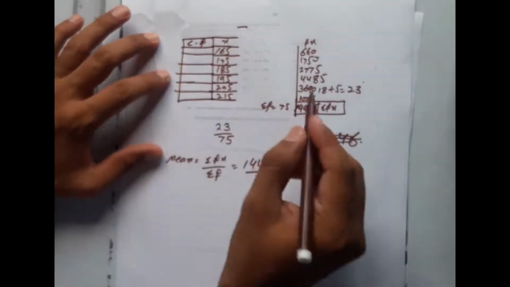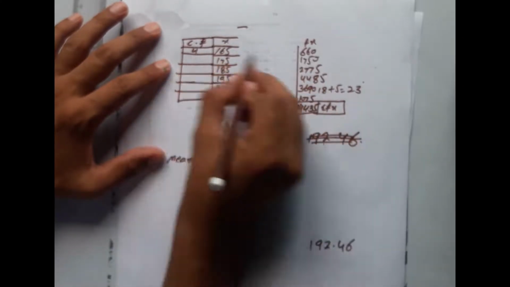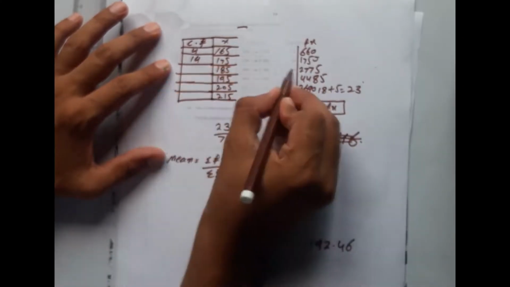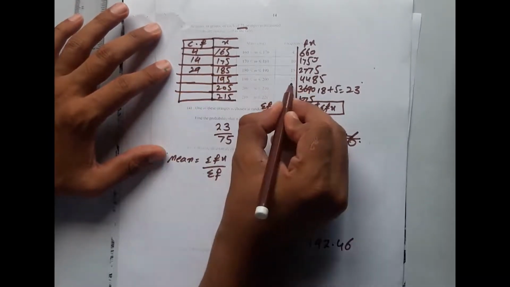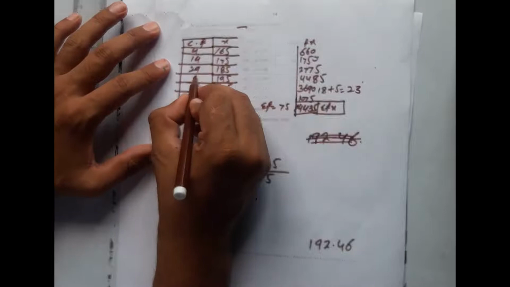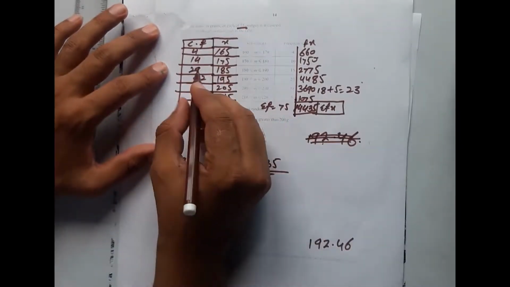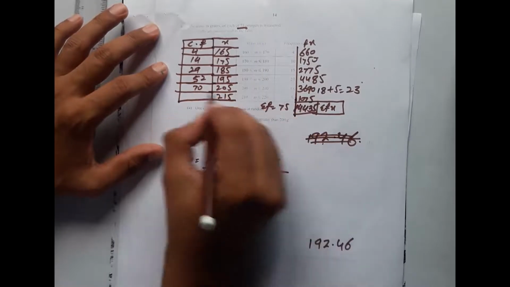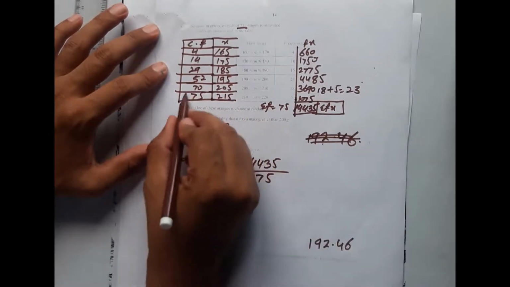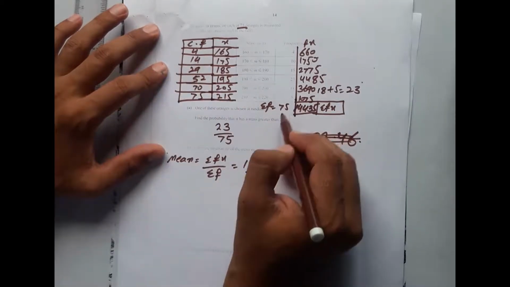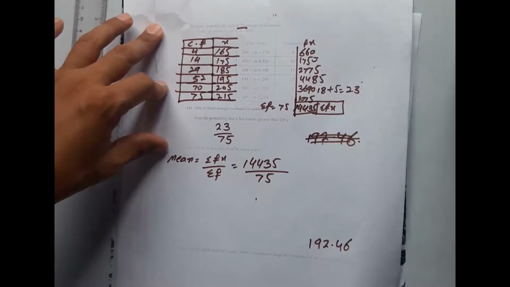CF: the first frequency is the same, the others will be added to this. 4 plus 10, 14, plus 15 will become 29. 29 plus 23 is equal to 52. 52 plus 18 is 70, and 70 plus 5 is 75. Note that the end point of CF is always equal to the sum of frequency. So we have done the cumulative frequencies here.